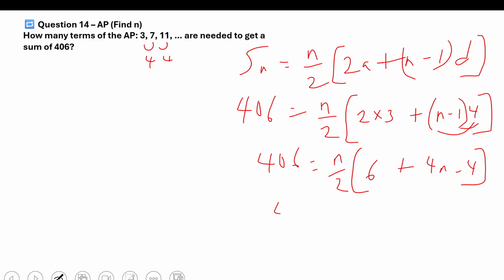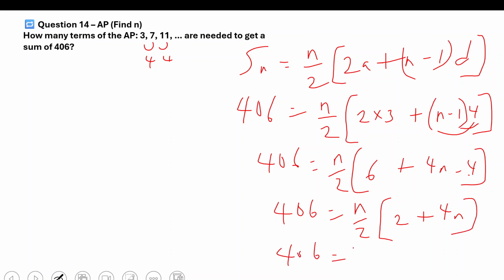Let me just do 406 is equal to n over 2, then this and this will give me 2 plus 4n, right? So I can actually bring out 2 outside. 406 is equal to n over 2 times 2. I will factorize. What is common in these two terms is 2, right?